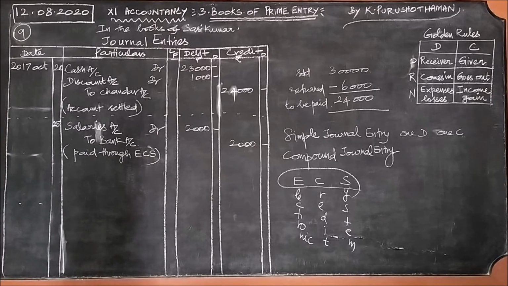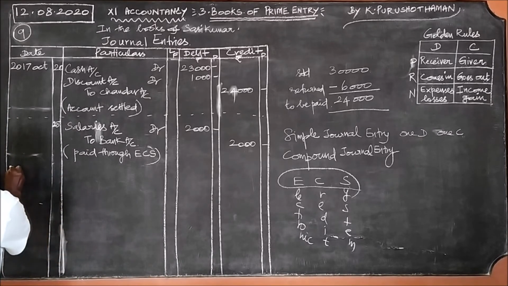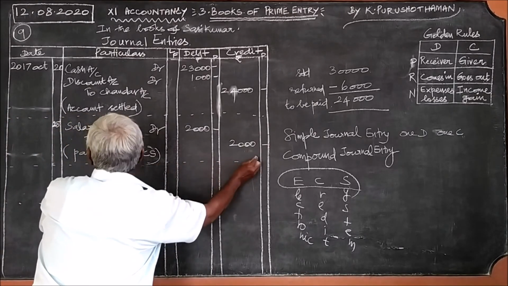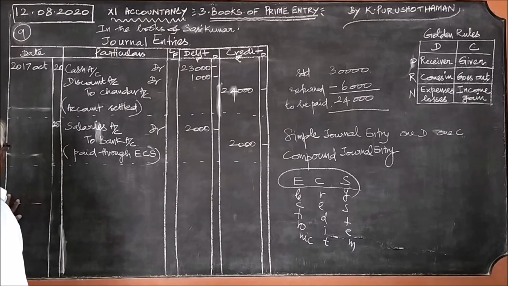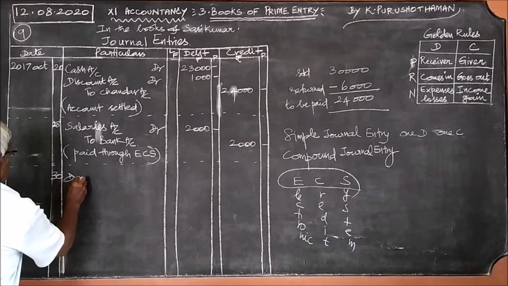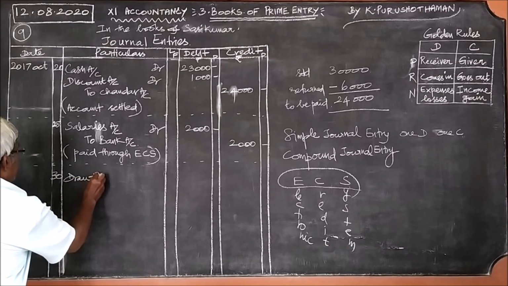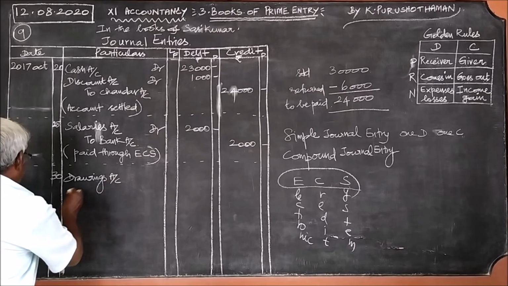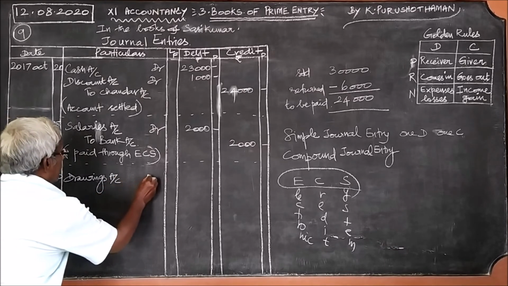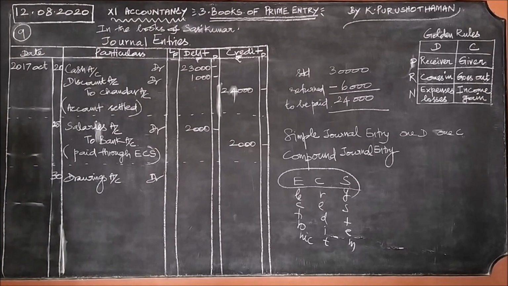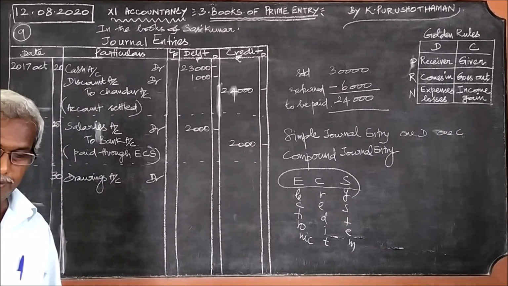If it is for personal use, as I said in the last problem, it is drawings account debtor. A standard entry is drawings account debtor. We should write drawings account debtor.